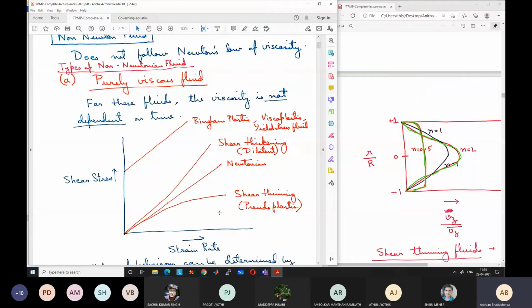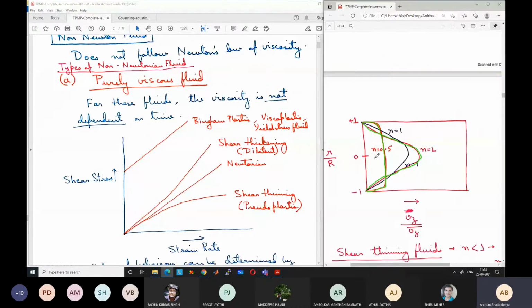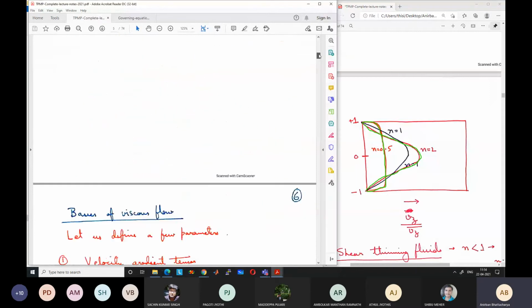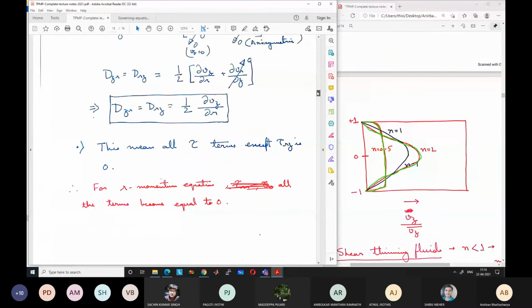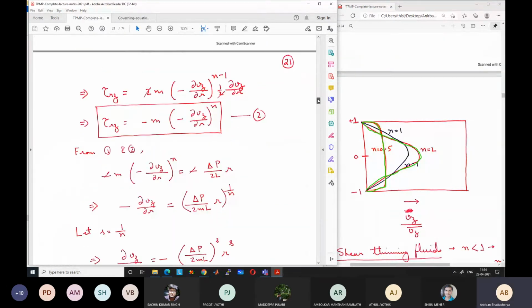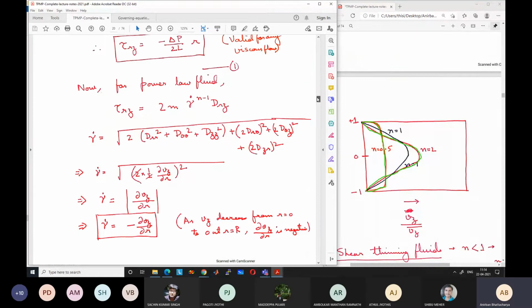Now, for this case, we have obtained that the shear stress is 0 at the center and increases to the maximum value at the end. Where did we obtain this? I have just described it. tau Rz is equal to minus delta P by 2L into r, where r is the distance from the center.